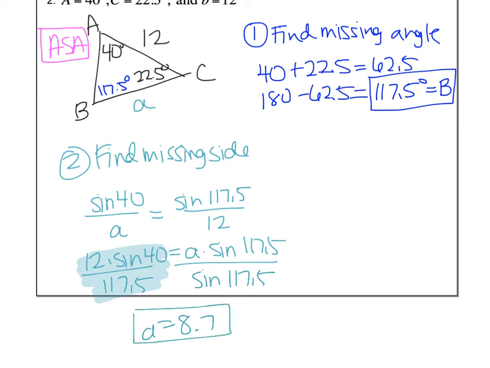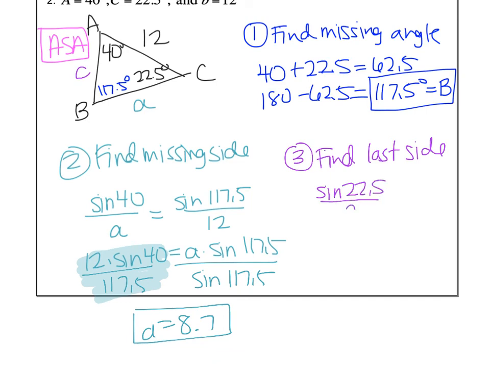And then the last part is to find the last side. So if we look back at the picture, we're missing the one across from big C, so we're missing little c. So it's going to be the sine of that angle across from it, 22.5 over little c, is equal to the sine of 117.5 over 12.